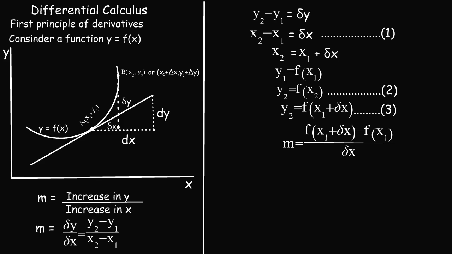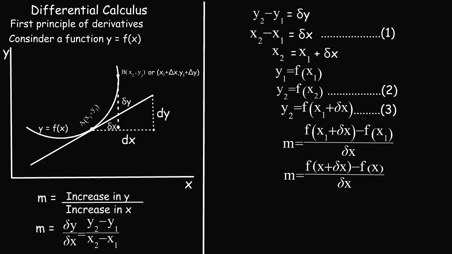As the distance between A and B reduces, that is, as B gets closer and closer to A, the equation becomes m equals f of s plus delta s minus f of s divided by delta s, because the value of s1 and s will almost be the same. That is, as B gets to A, the value of s and s1 will be almost similar.